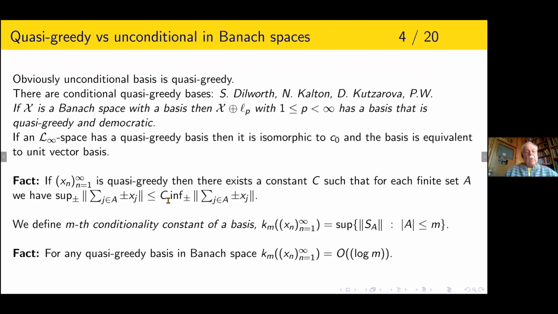Oh, sorry. And then we see, once you are in the business of looking for unconditional or quasi-greedy unconditional bases, it is natural to ask the question, to measure how conditional it is, and the natural measure is this number, the conditionality constant of the basis.